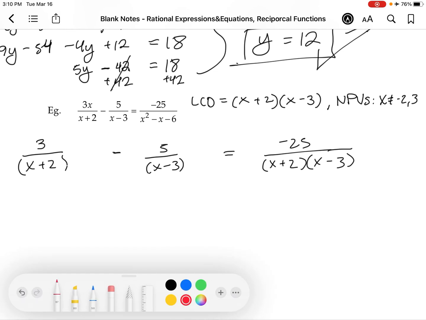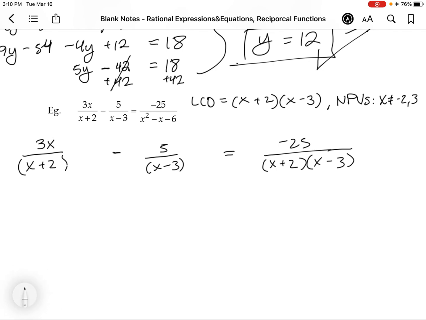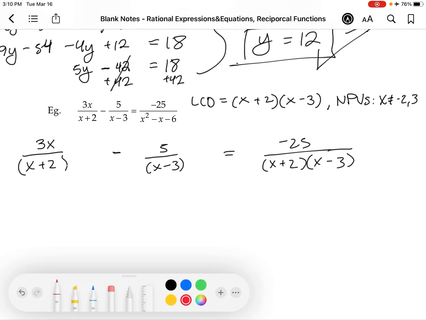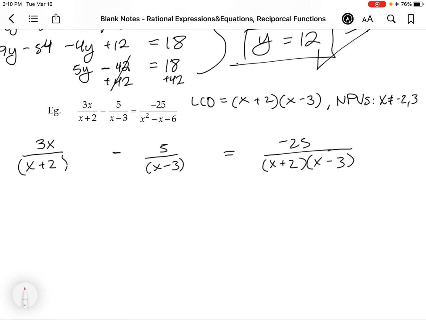Okay, let's multiply by that LCD, see what happens. Oh, I'm sorry, I made a mistake. This should be 3x. That's better. Copying error. Okay, fixed now. All right, let's now multiply by that LCD. So I'm going to multiply by x plus 2 times x minus 3, x plus 2 times x minus 3, and x plus 2 times x minus 3. And now the fun canceling begins.